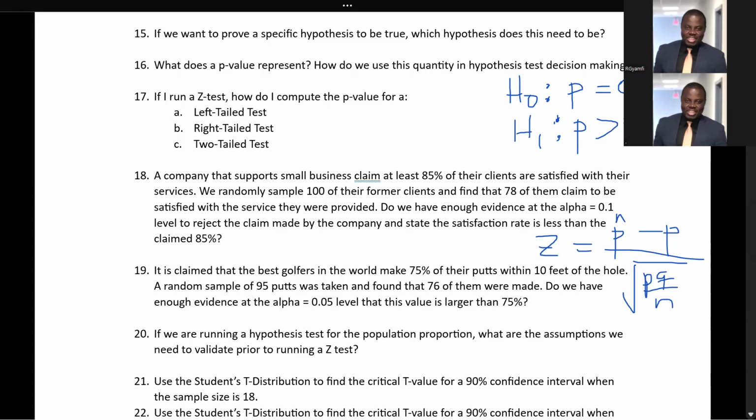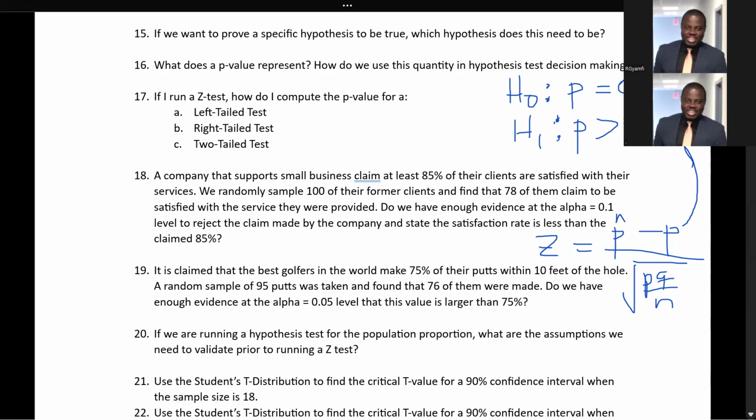Now, for P, remember there are two P's. The P is going to be this, right? Because it's right here. P is 0.75. But what about P hat? P hat is the sample proportion or the estimated proportion. Now, proportion is always a fraction, remember that, or a decimal. So a sample proportion, we're going to get that by going to where it talks about the sample.